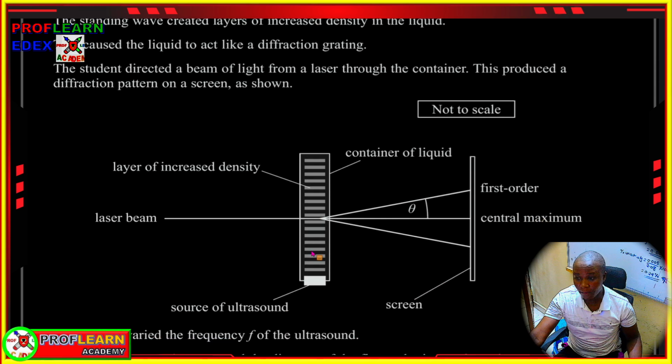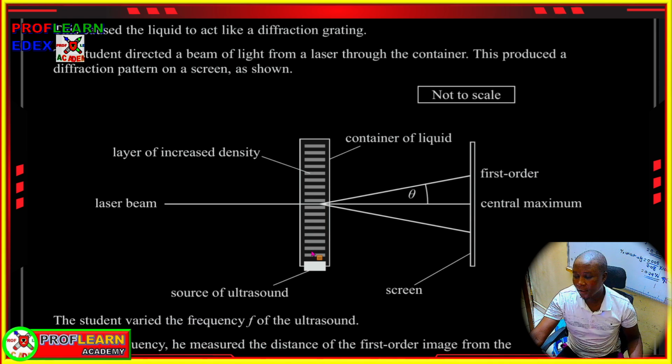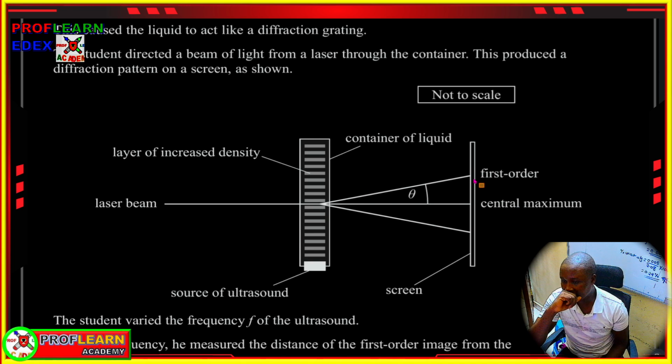Something I need to mention here is that we have the central maximum, and we have the first order. So how is the first order formed? Remember, the first order is the region where the bright fringe is formed. A bright fringe is formed due to superposition. A wave from one slit interferes with another wave.